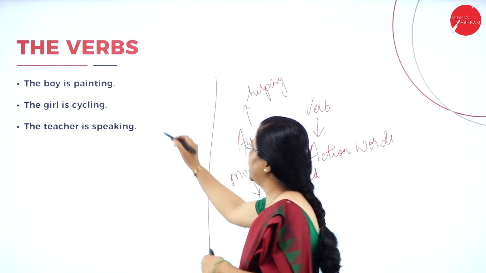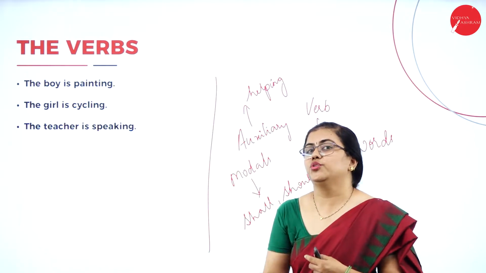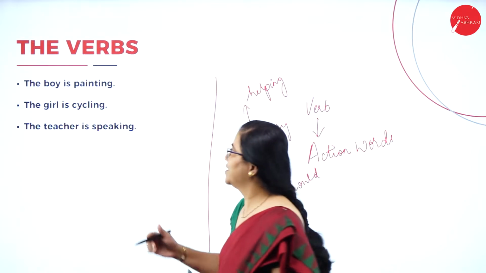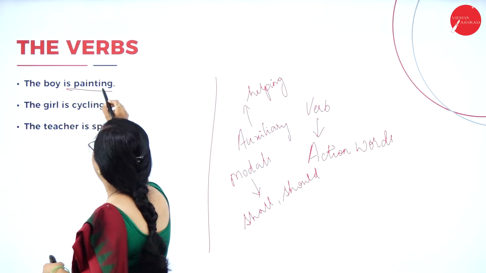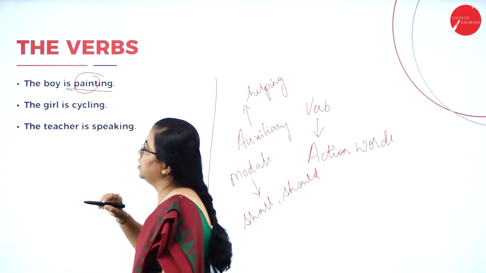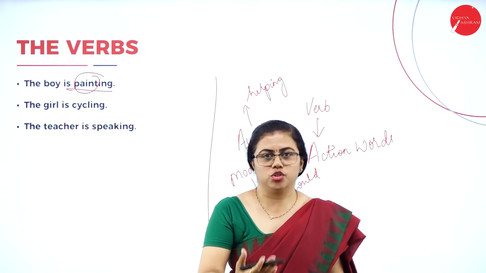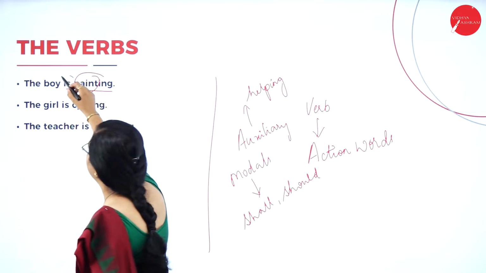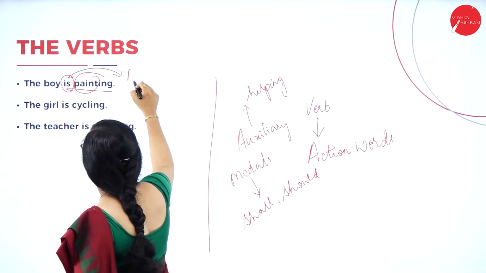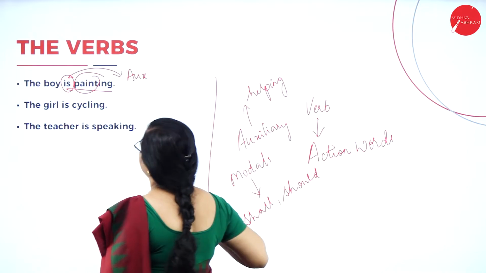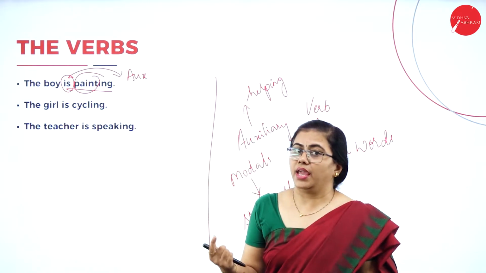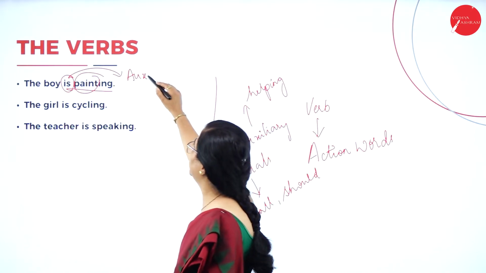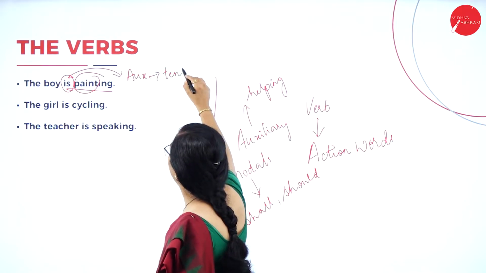In these sentences, you can identify which work is going on. That is painting. Paint is the actual work going on in the sentence, so it is the main verb, and the other word is an auxiliary verb. Through these auxiliary verbs only, we'll be able to identify which tense the verb falls into.